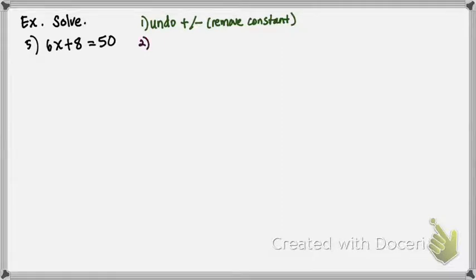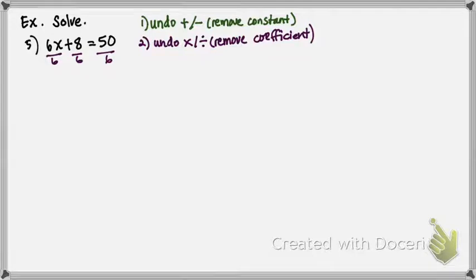And then we would undo the multiplying or the dividing, and that's going to remove the coefficient. Now, if we did the coefficient first, so we did the multiplication or division first, we can end up creating, let's look over here, oh my gosh, I've created fractions. Eek! That's why we don't do that. We do the constant first.